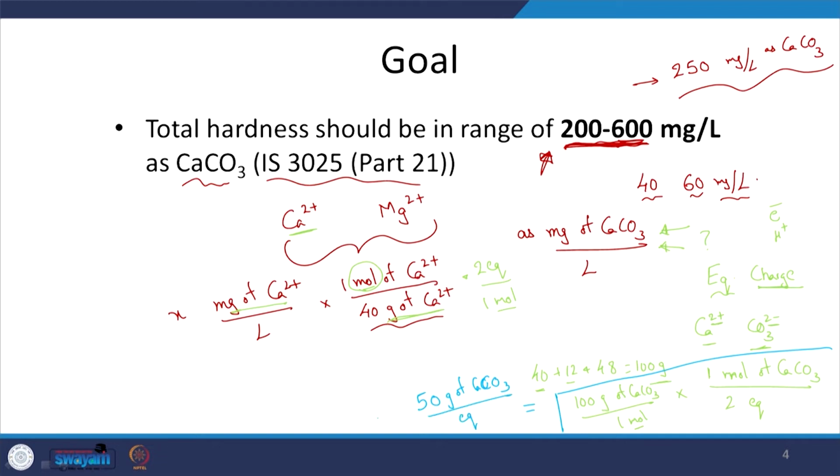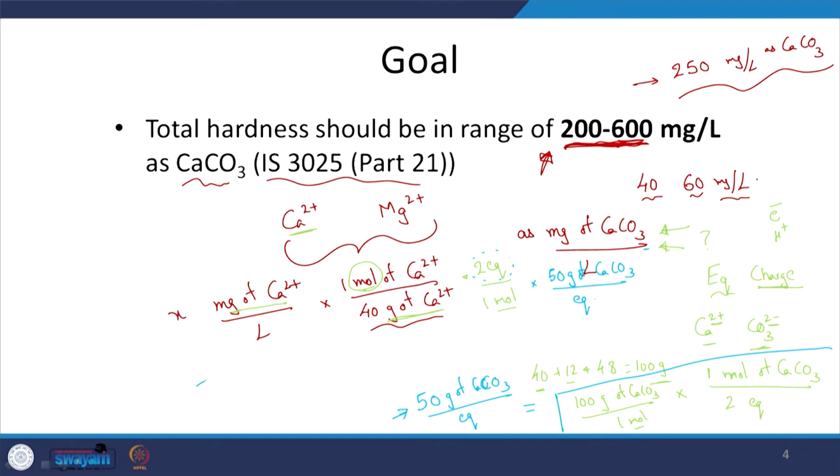This is called the equivalent weight. That is something you have to keep in mind. Now I have this in equivalents and I want the units in terms of CaCO3. Using this information, I can transform these equivalents and get to grams of CaCO3. So, what do I need to do? I will need to multiply by 50 grams of CaCO3 per equivalent.